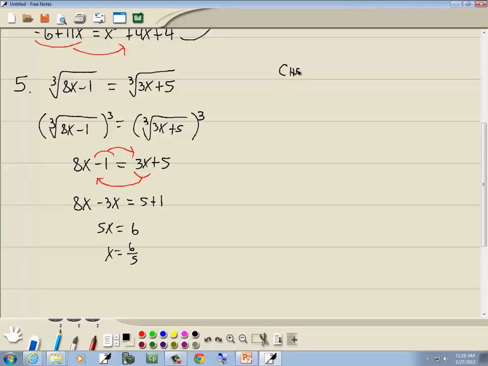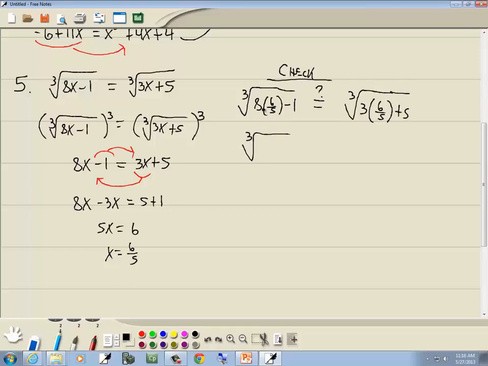Now this one I'm going to go ahead and write out because I probably can't see it. I need to check it. So if I plug that in for x, I'm going to have 8 times 6/5 minus 1. And I'm wondering if that's equal to, plug in 6/5 for the x over here. Well, that gives me 48/5 minus 1 is 5 over 5.